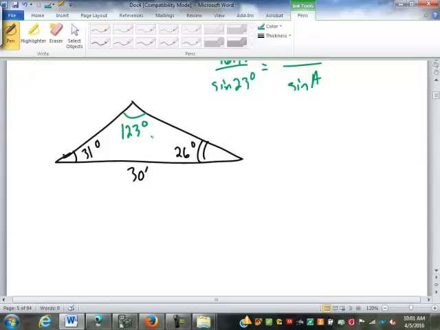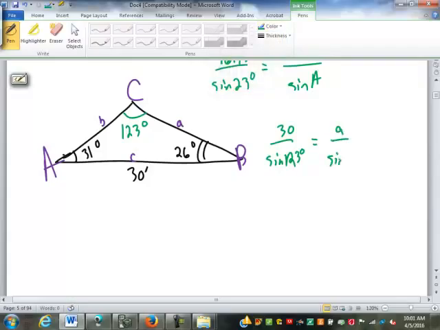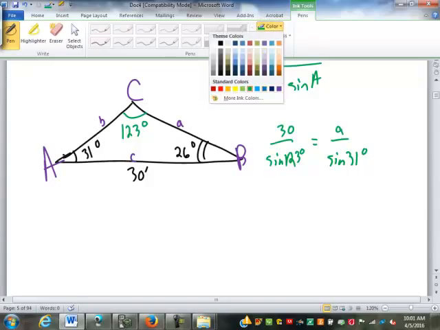So now this is just a law of sines problem. 30 over sine of 123 equals, I haven't labeled it yet, so let's do that. So that's going to equal little a over the sine of 31. Does it matter whether we do the smallest or biggest first here? No, because we have all the angles, so it doesn't matter. The sides will work out.